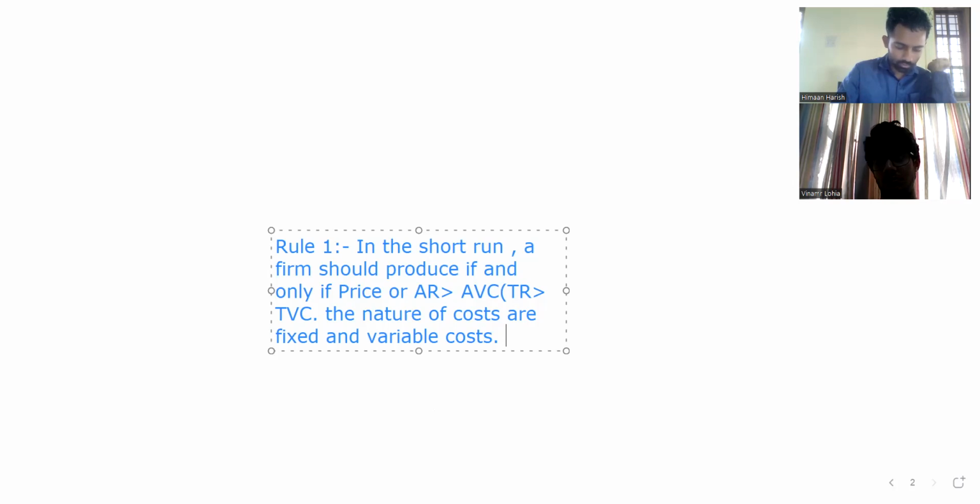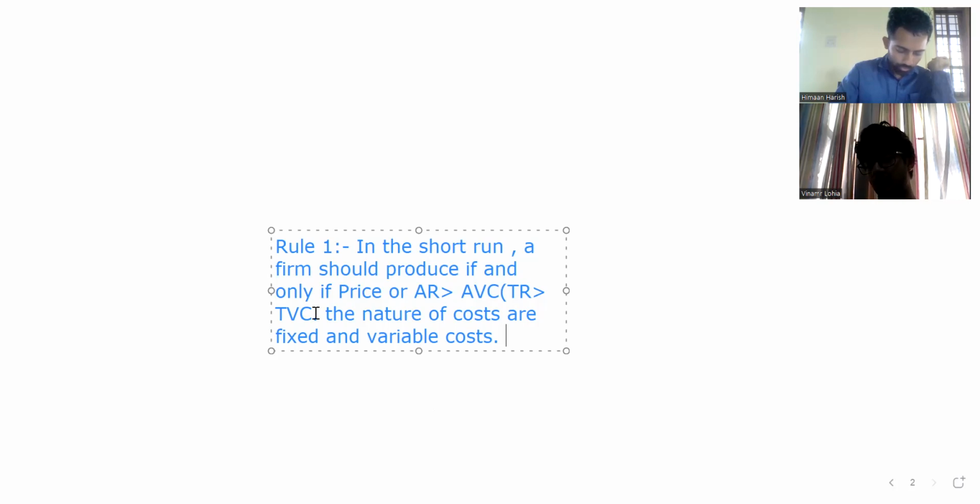Only when losses of a firm are less than or equal to the loss in shutdown does the firm decide to produce, otherwise it's better to stop production altogether.